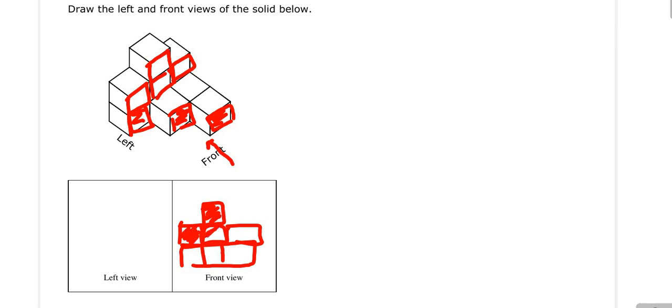So going from a 3-dimension to a 2-dimension, this is called orthogonal drawing. That would be the view from the front.